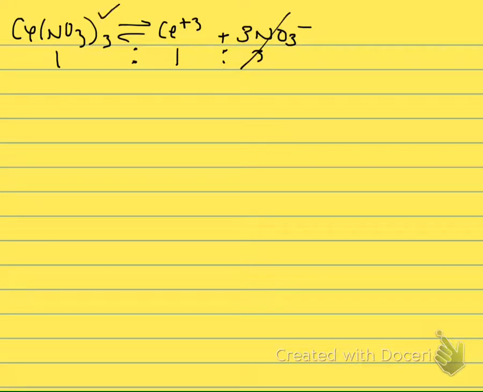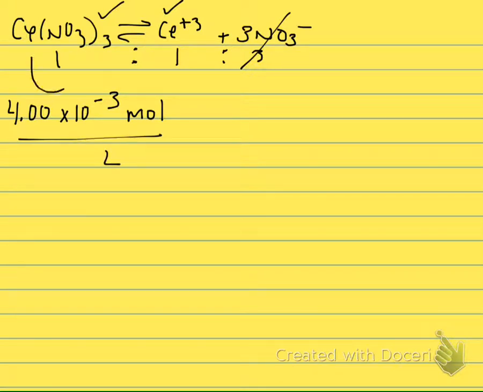So whatever this information is, it's the same as that. So here is the data that I had. I had 4.00 times 10 to the negative third moles per liter of this Ce(NO3)3, but I can just say that that is of the Ce plus 3, 1-to-1 ratio.